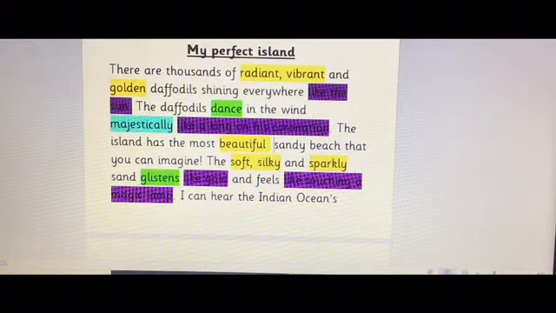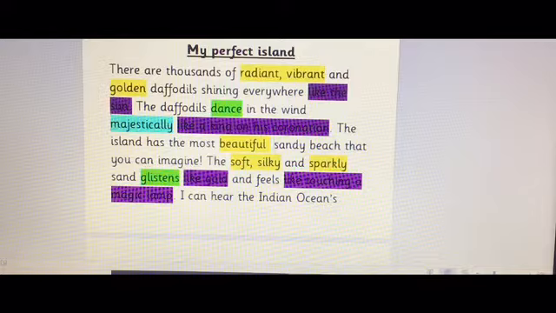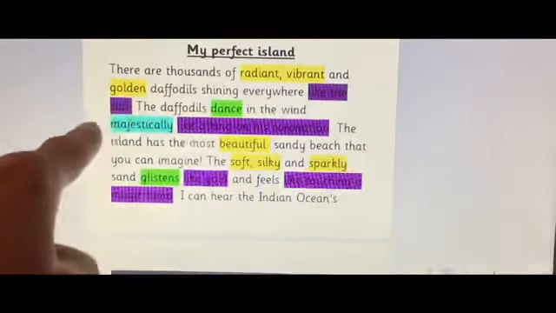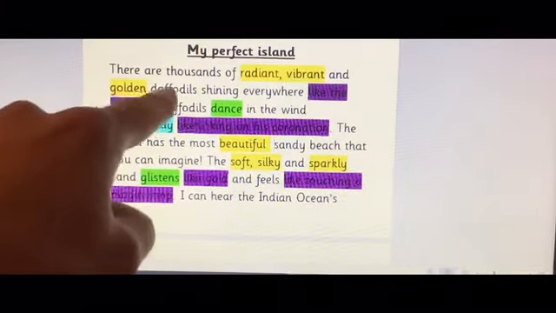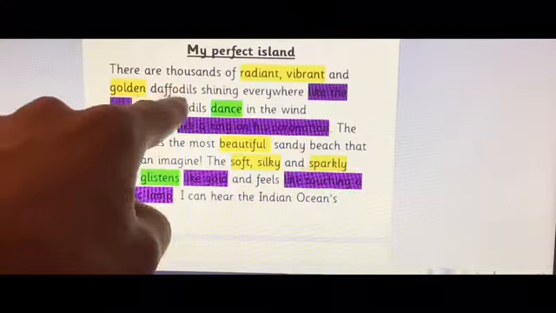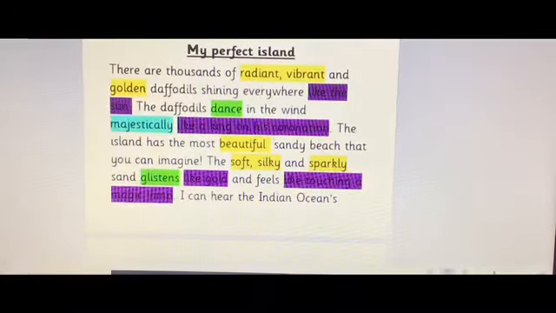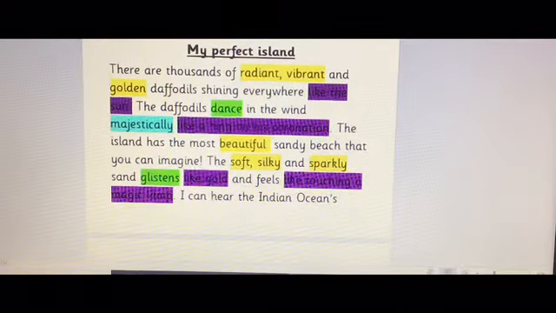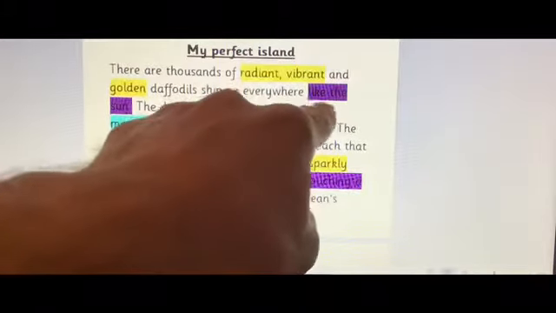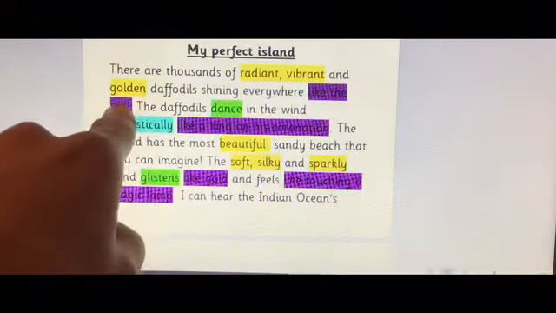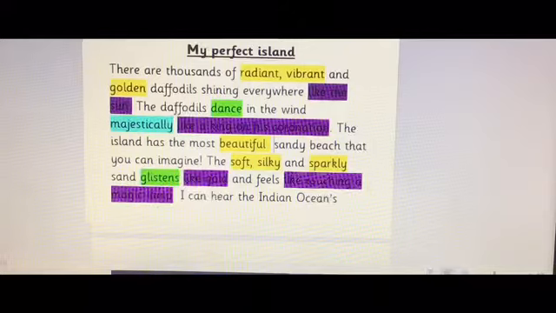So, okay, there are thousands of radiant, vibrant and golden daffodils shining everywhere like the sun. Okay, so I've got my adjectives in here, also in the power of 3. And I've used a specific noun in the sense of daffodils, okay. And I've used a simile comparing the daffodils to shining like the sun, okay.